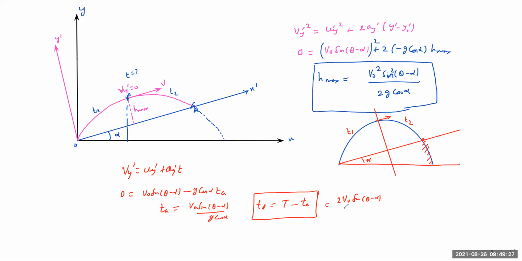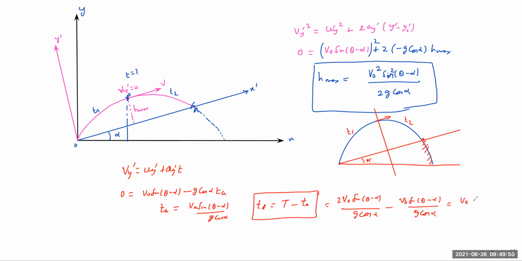Yes, yes, the time will be the same. Why did I say it's not the same? Yeah, it will be the same actually, g cos alpha minus v naught sine. My bad, I just thought something else.